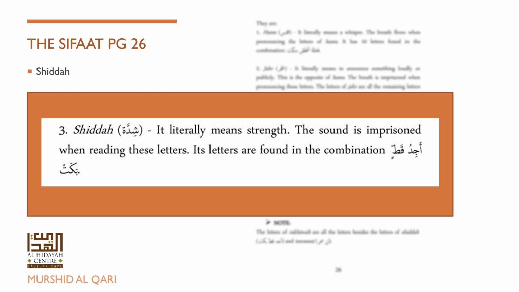So coming on to ta, the same thing. With ta, you would apply the exact same thing. The first part would be the shidda, the imprisonment of the sound, and the second part, ta, would be the hams. For example, we would say إذا الشمس كورت.